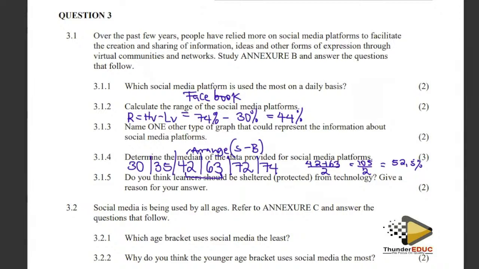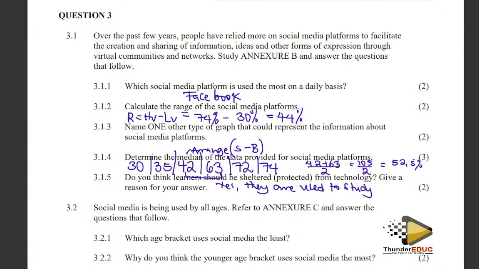Do you think learners should be sheltered or protected from technology? Give a reason for your answer. This was either yes or no. So you can say yes, because the platforms are used to study, those ones who have online classes.